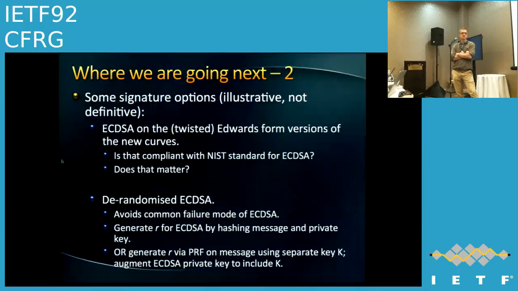Adam Langley, Google. One of the concerns with EdDSA right now is that you have to hash the message twice. So the APIs currently let you add the message incrementally, and EdDSA doesn't let you do that.